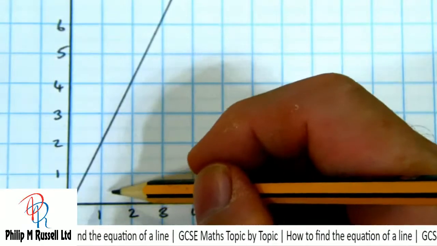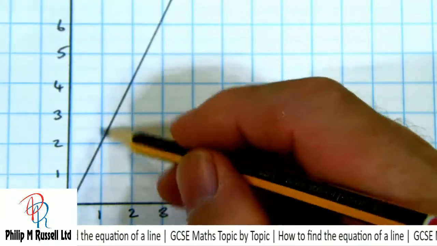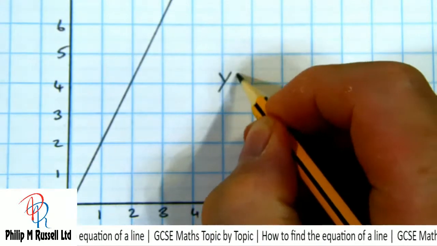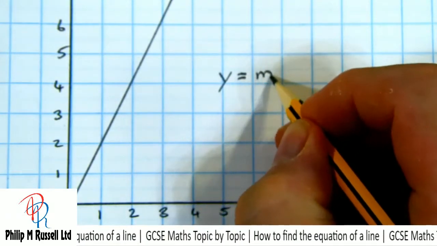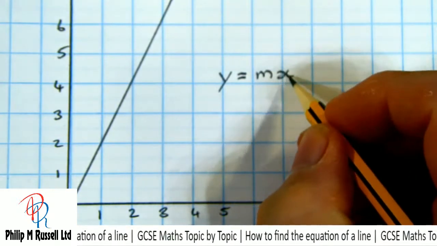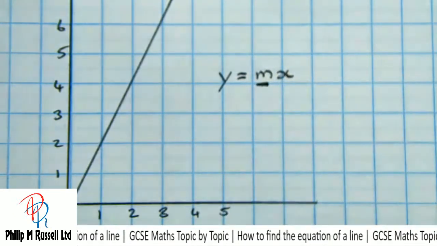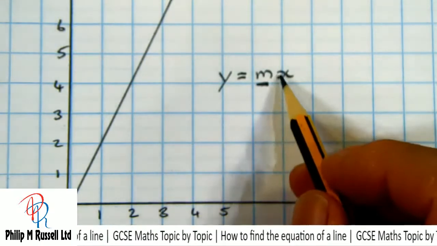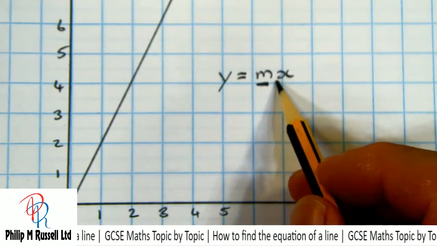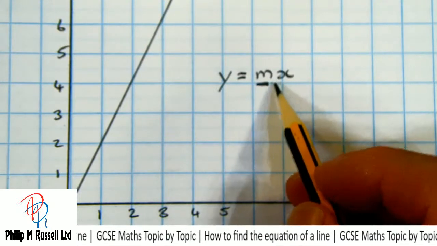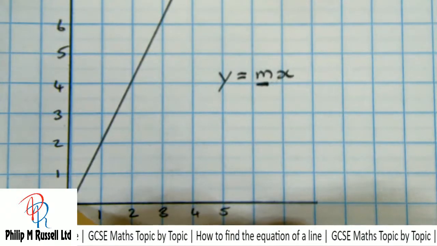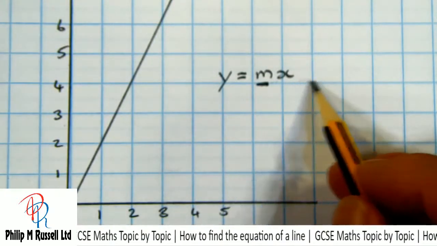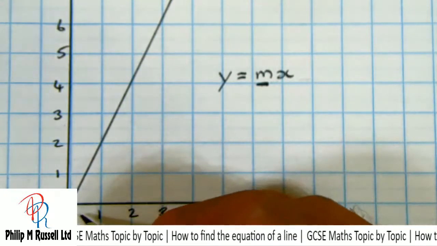And let's have a look at what this graph is. So this is the graph of y equals mx. Let's see if we can work out what this m is going to be. I've made life easy at the moment because I've set b or c to be equal to 0, going through 0, so we're going to ignore them for the time being.